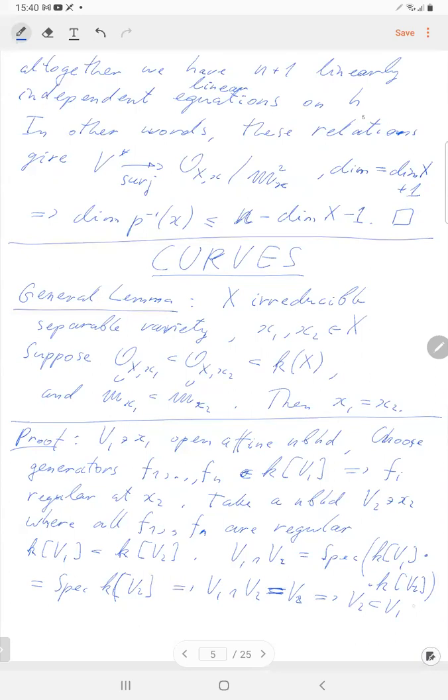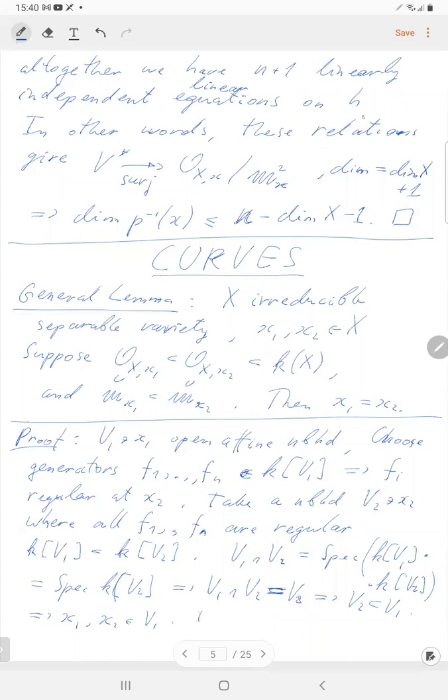Okay, so in particular, we know that both x1 and x2 lie in this V1. Okay, and now we're almost done.